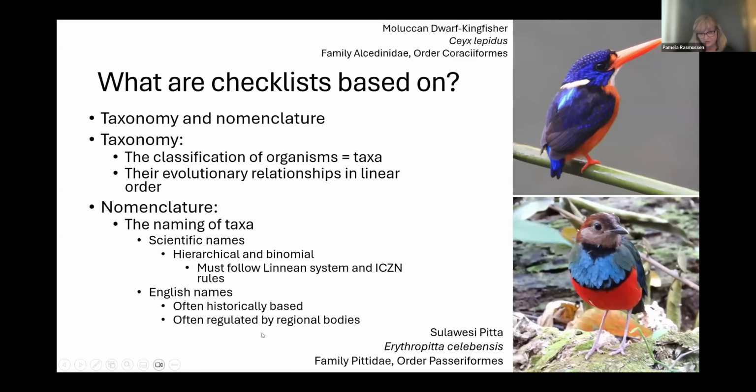So it's certainly historically based and not likely to be changed anytime soon. And we often have regulation of English names by regional bodies, but there isn't an international commission for English names.